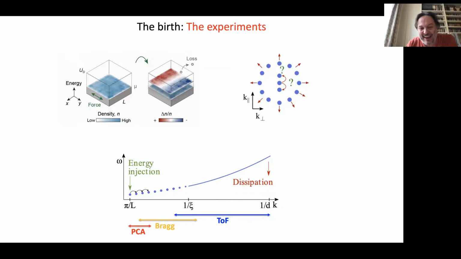And then at intermediate length scales, we use Bragg spectroscopy, which doesn't quite resolve individual states, but it is good all the way to k equals 0 without suffering from issues such as finite size of the system and so forth. And then at high k, we use the time of flight expansion, which is what I've already used to show you the steady state. So we're basically going to have 3 slides for each of these tools.